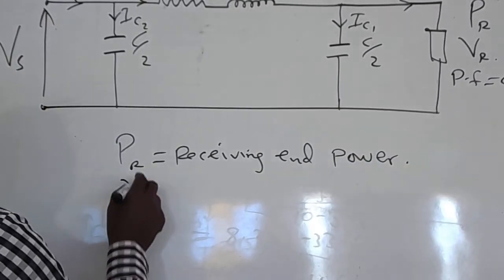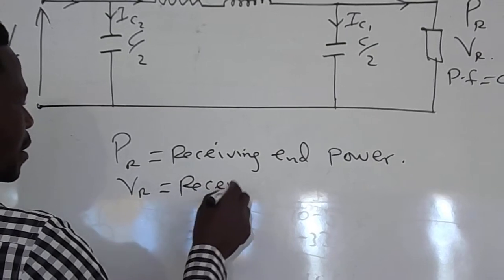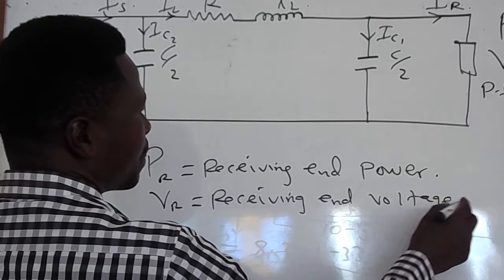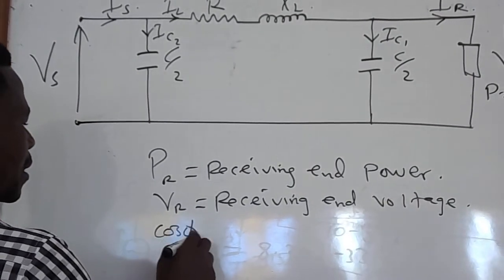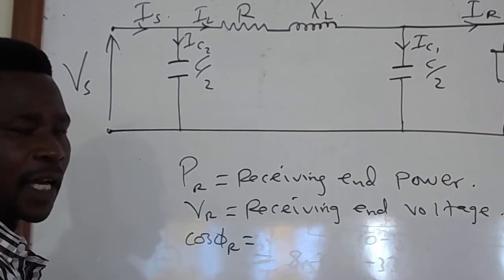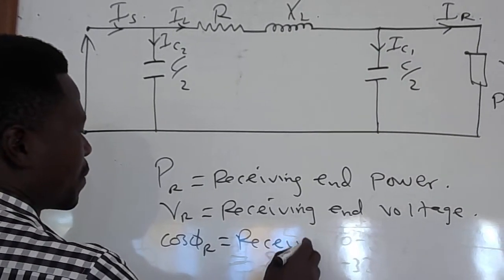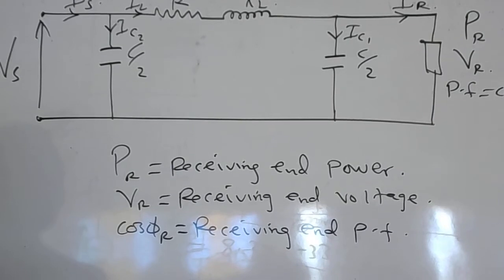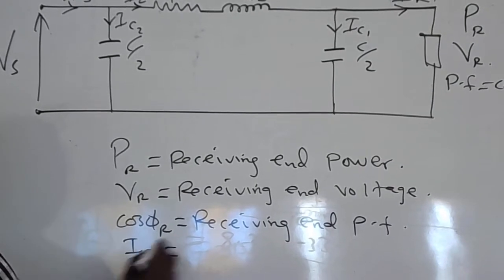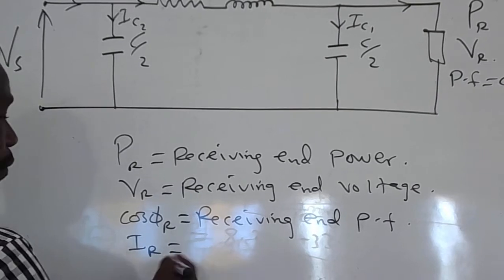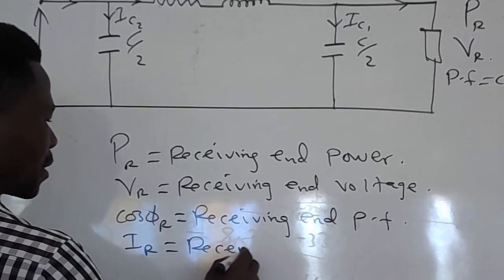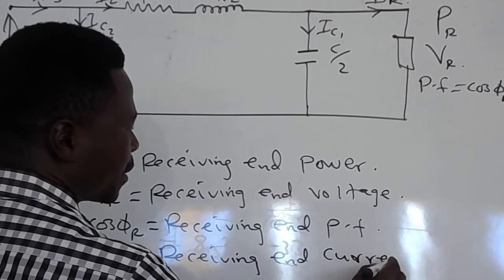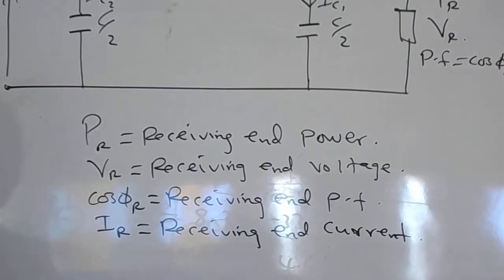VR is the receiving end voltage. Cos phi r is the receiving end power factor. IR is the current at the receiving end, the receiving end current.